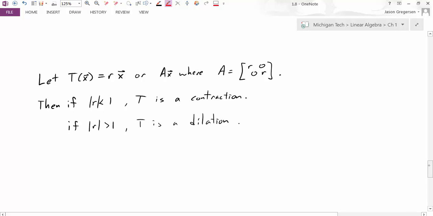If the magnitude of r is greater than 1, if I'm multiplying it by 2, for instance, then I'm stretching that vector away from the origin if I'm thinking of this as drawn as a position vector. So I can see that matrix multiplication, I can really think about it as transforming a physical vector on R2. And in a later assignment, we're going to look at Mathematica and see if we can plot these vectors and do some different transformations. All right, this concludes this video on linear transformations.